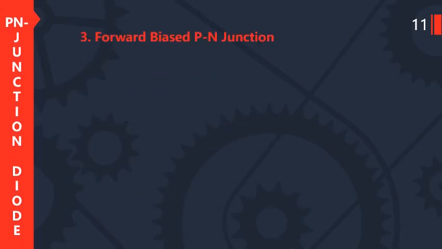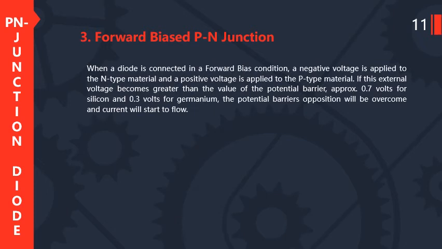Now the third condition is a forward bias PN junction. When a diode is connected in a forward bias condition, a negative voltage is applied to the N-type material and the positive voltage is applied to the P-type material, meaning P is connected to the positive side.